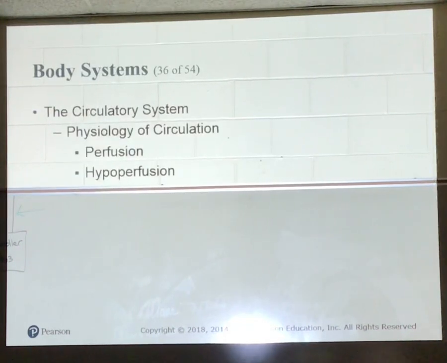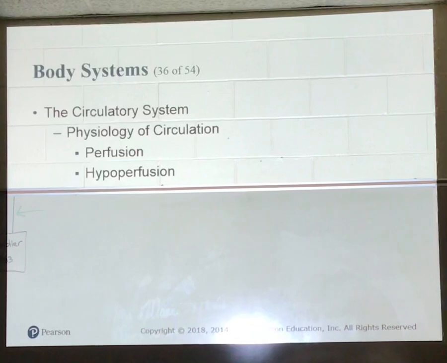All right, circulatory system. Perfusion is the delivery of oxygen, glucose, and other nutrients to the cells of all organ systems, and the elimination of carbon dioxide and other waste products that result from the constant, adequate circulation of blood through the capillaries.